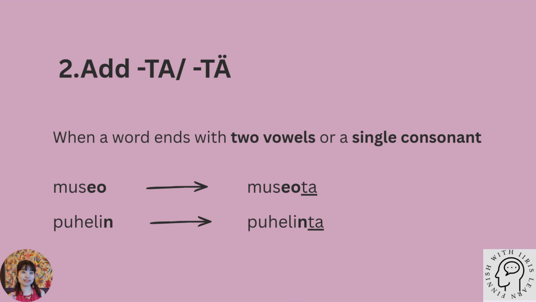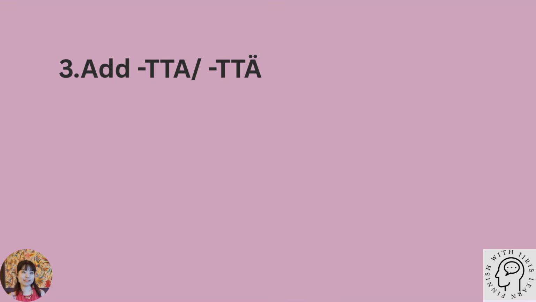The third pattern is to add TTA or TTÄ. This pattern is used when a word ends with the letter E. Normally, words ending with a single vowel take A or Ä, but if that vowel is the letter E, we use TTA or TTÄ instead.